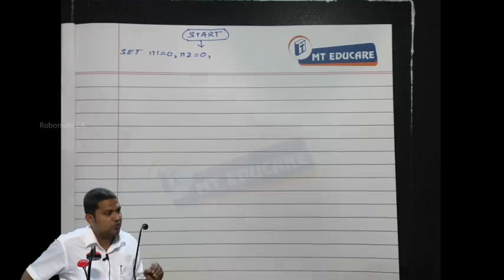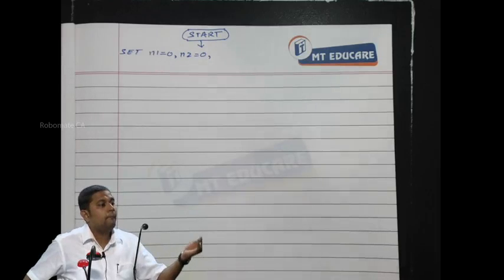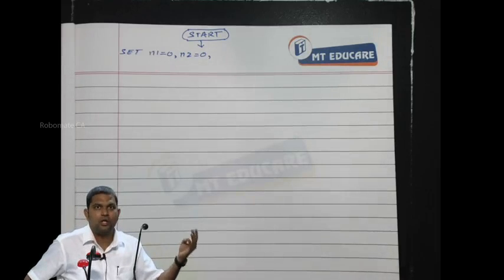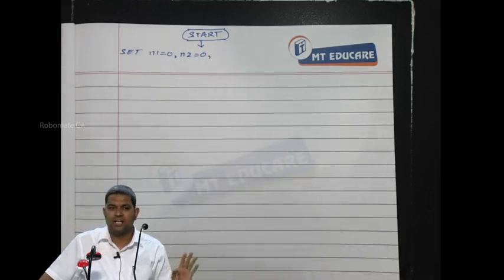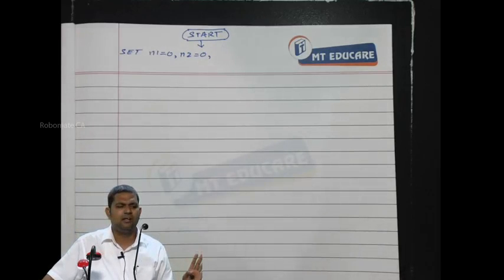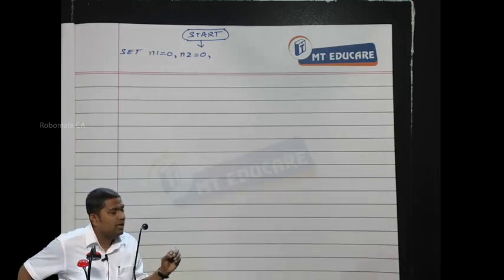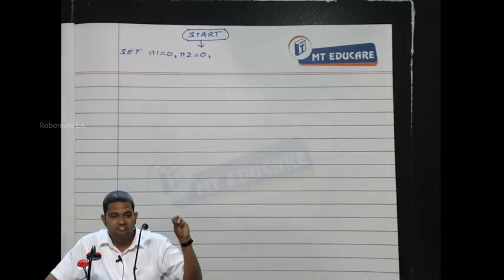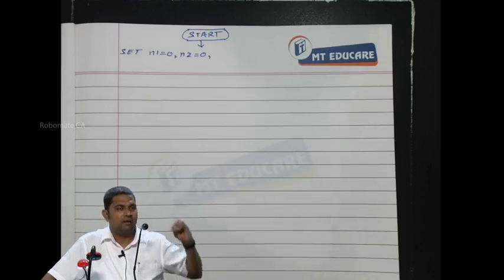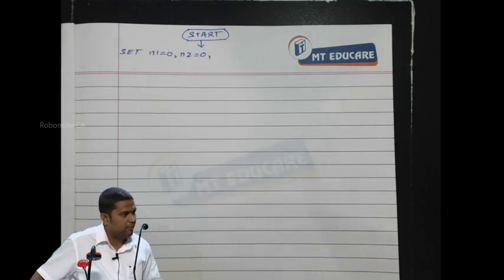Now, what we are supposed to find? Sum, difference, product, quotient, remainder. So we need to find some output, and output is 5 in quantity. So if I am having 5 different outputs, I will require 5 different variables.